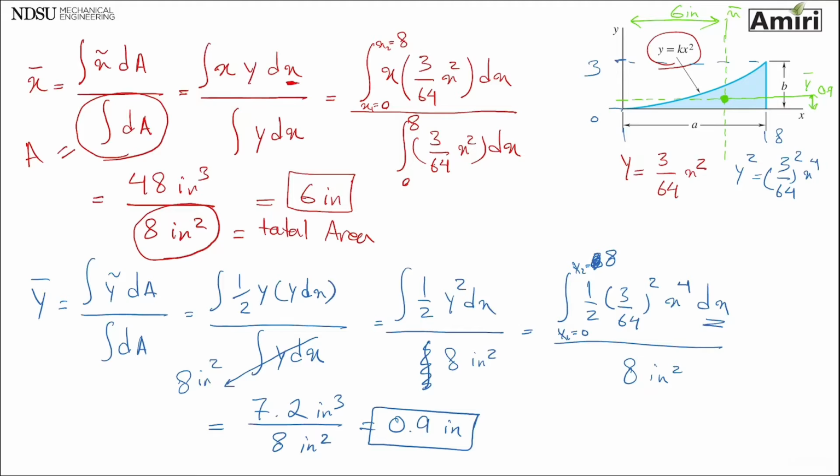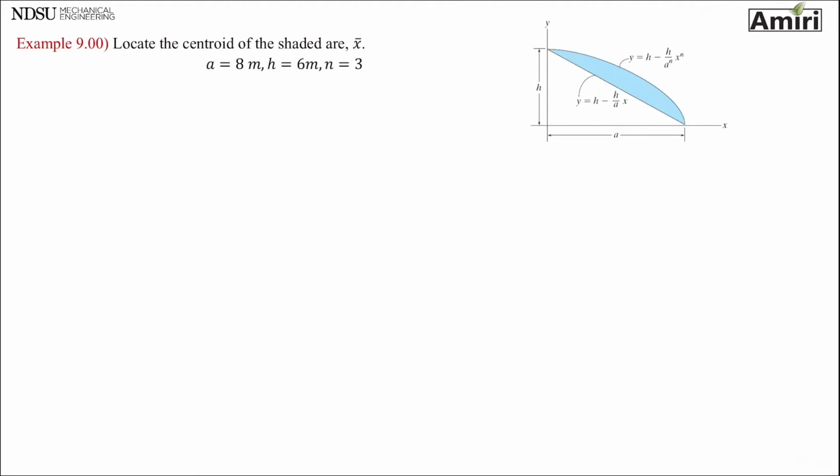All right, let's look at another example. These are very common types of problems that we're going to often see, where you have two functions intersecting, and the area or centroid of the area that is trapped between them is desired. So here the shaded area is desired, which is between two functions.